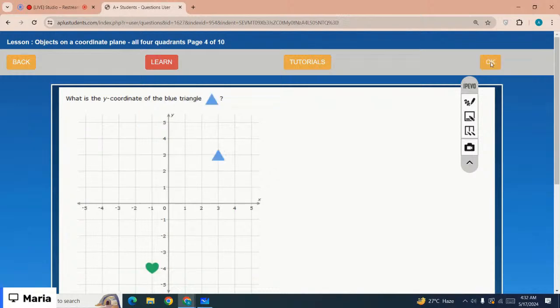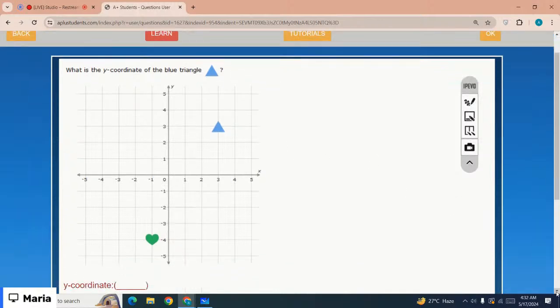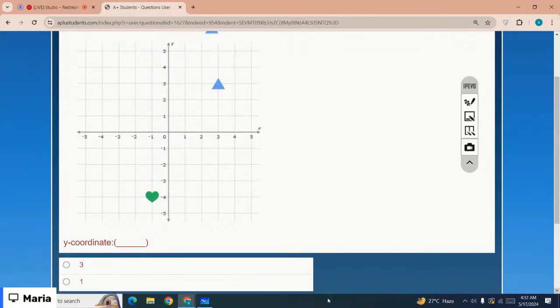What is the y coordinate of the blue triangle? So, which is the correct option? Here is the blue triangle, right? The y coordinate is 3. 3 is the correct option.